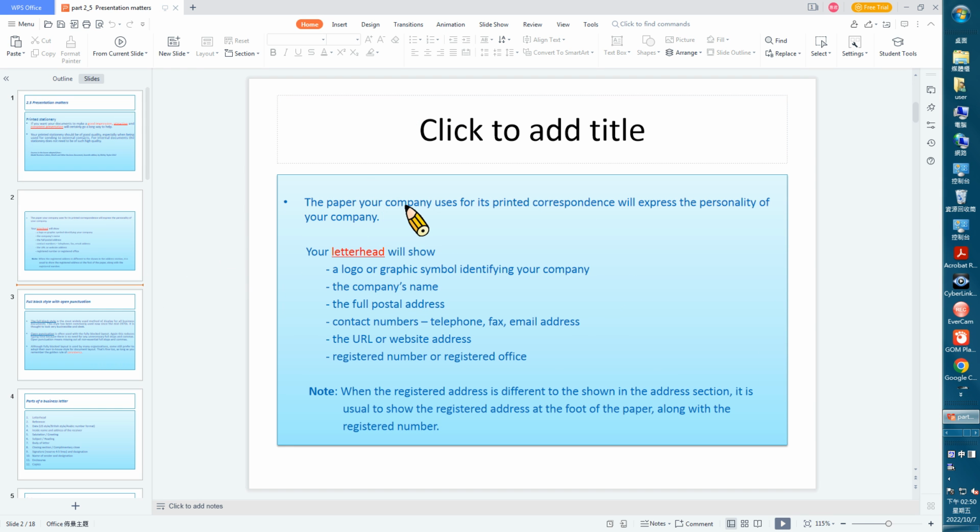The paper your company uses for its printed correspondence will express the personality of your company.